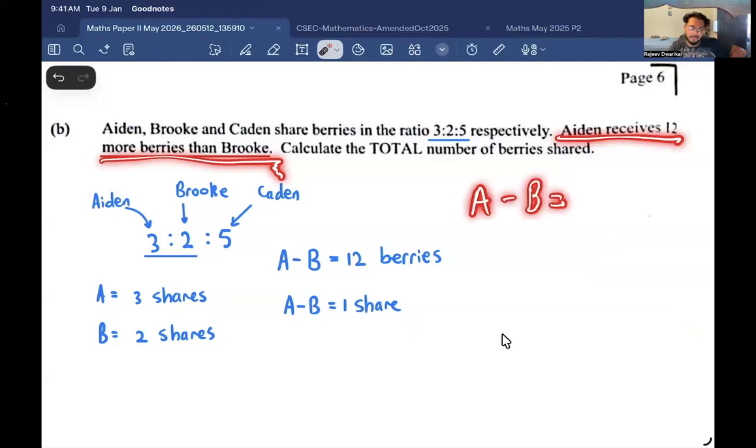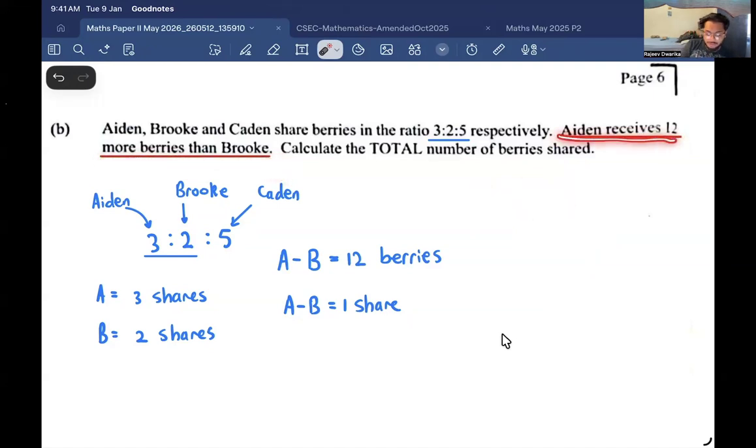What's the difference in berries? Whatever Brooke receives, how much does Eden receive on top of that? Eden received 12 more berries than Brooke. Correct.